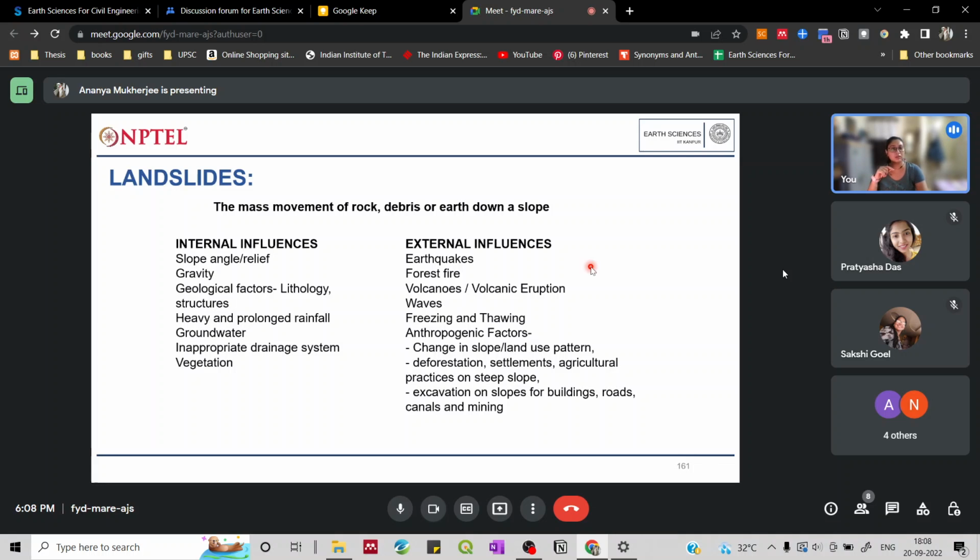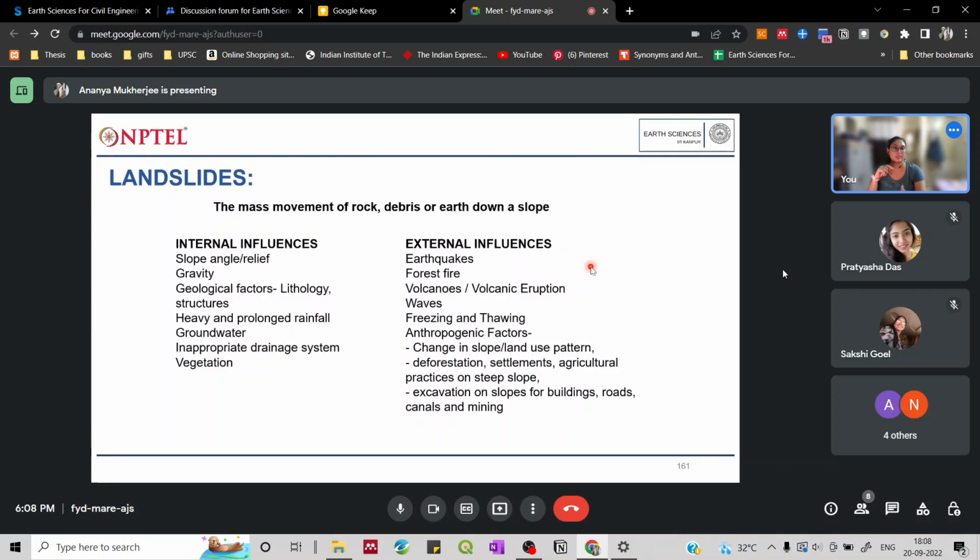There are different kinds of influences which cause landslides. Some are called internal, while the other ones are called external. Internal influences can range from the slope angle or relief. Usually landslides are very common in areas with steep slopes, so gravity acts as a very big factor when landslides occur on these slopes.